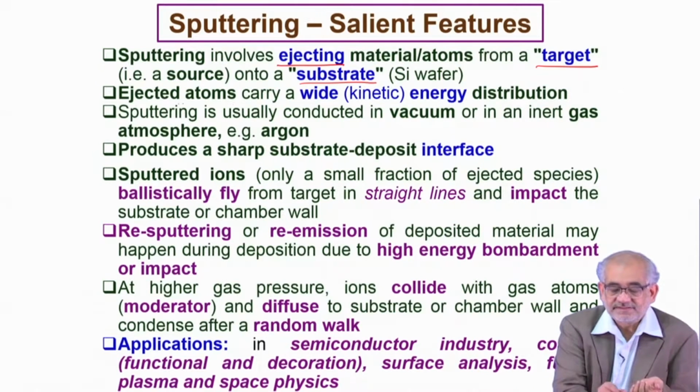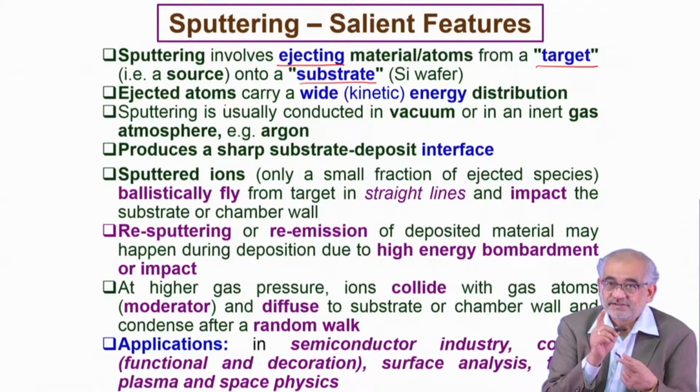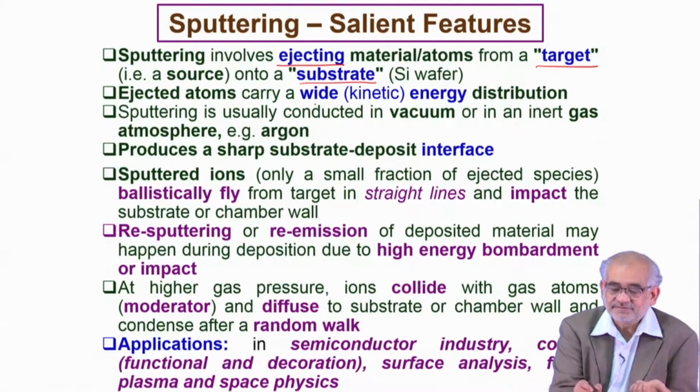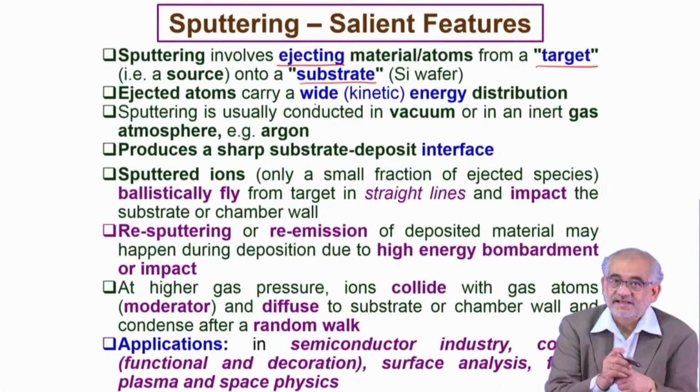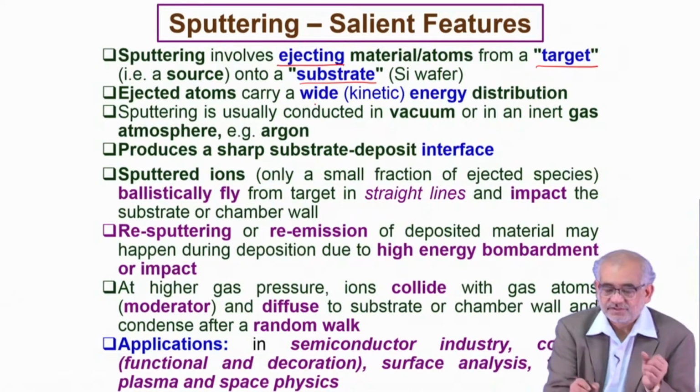Depending upon whether the projectile is hitting head on, 90 degrees directly normal, or through a grazing angle, the kinetic energy of the ejected atom will greatly depend upon the energy with which the projectile had hit the surface and made it come out. It will also depend upon the distance which it has to cover from the center to the periphery.